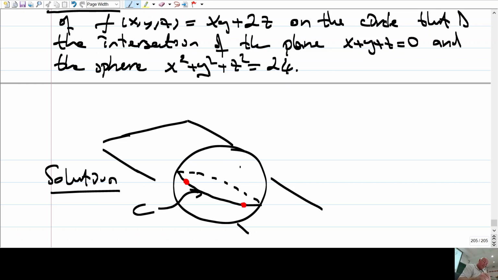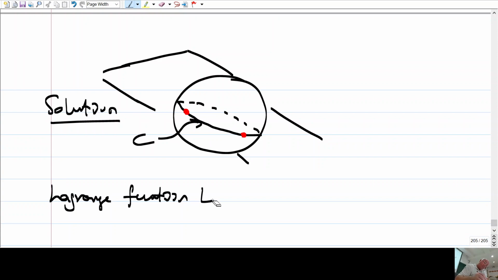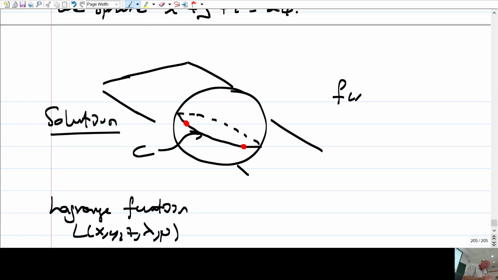So how do we find these points? Well, we write the Lagrangian function. Lagrange function L of x, y, z, lambda and mu. By the way, so let me write here the functions.